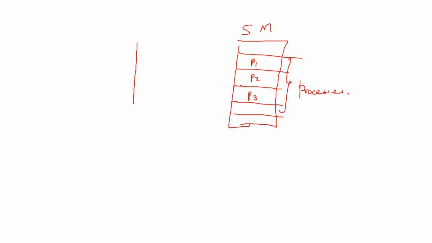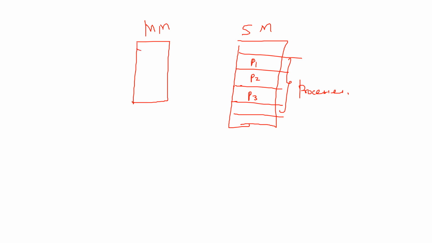And this is main memory. Okay, what I said is the process is divided into multiple pages and stored in secondary memory, and it may not be contiguously arranged.